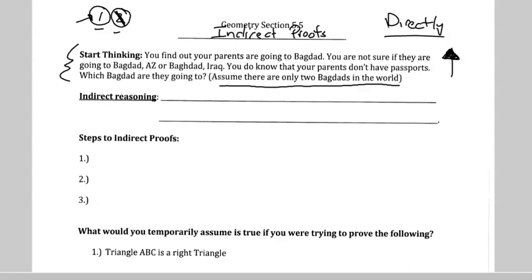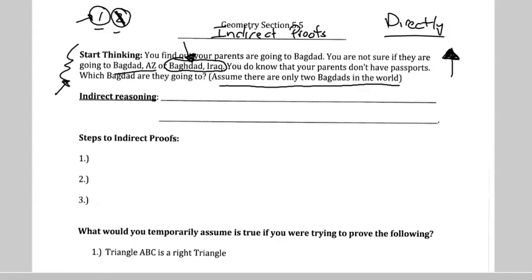Let me explain that using this example. Instead of going straight to proving that your parents are going to Baghdad, Arizona, you would assume the opposite of what you're trying to prove. So you would say, temporarily assume that my parents are going to Baghdad, Iraq. If they're going to Baghdad, Iraq, what do you know they need?